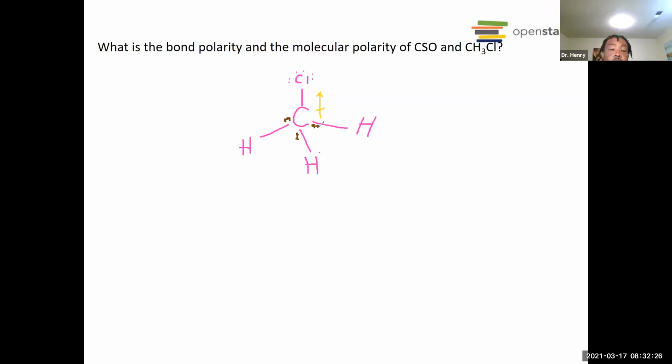Okay, so overall molecular polarity. Polar, and it's going towards chlorine. So it'll be polar. Simple?